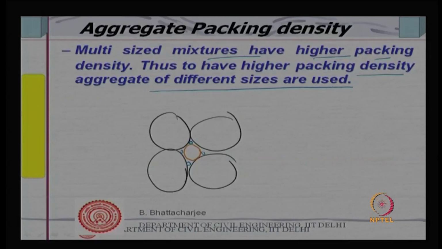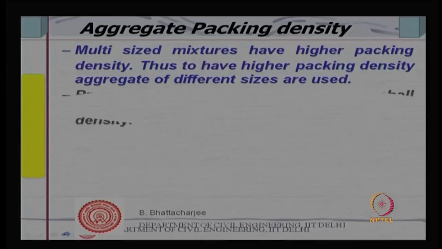So, you do not use single sized aggregate essentially, because single sized aggregate will always pack to a low packing density or high porosity. When you use more than one size, packing density is improved and thereby void space or porosity is reduced.